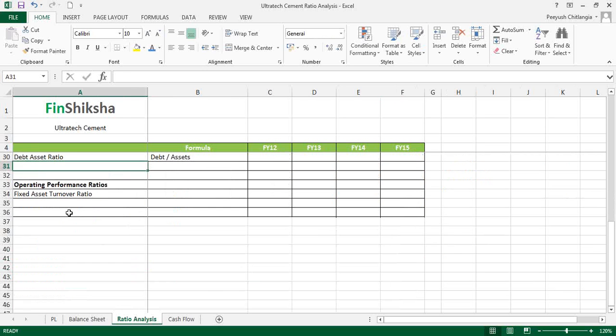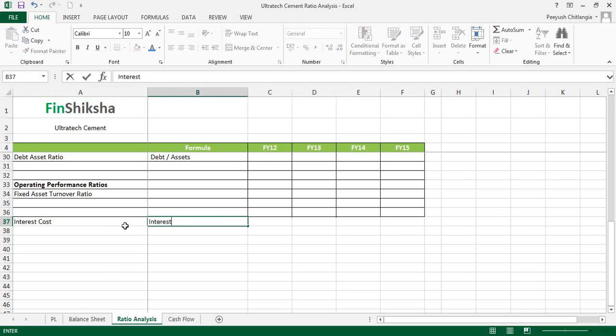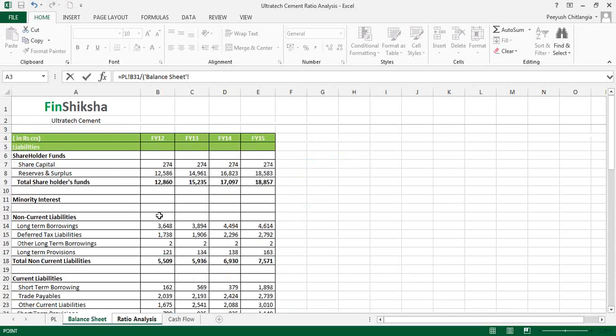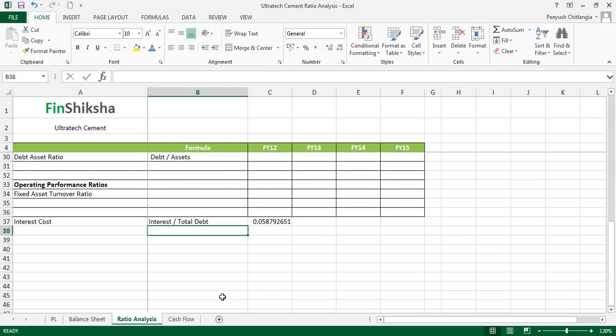So just check interest. One way of checking interest is actually here itself. I will just go down a little bit and put up interest cost. How do I find interest cost? It is interest divided by total debt, right? So let's look at interest divided by the sum of the total debt, which is this plus this.